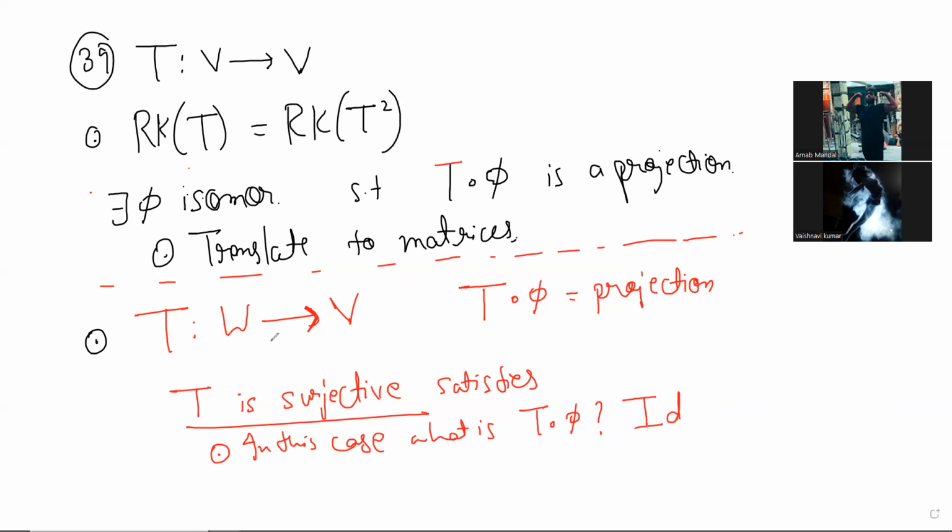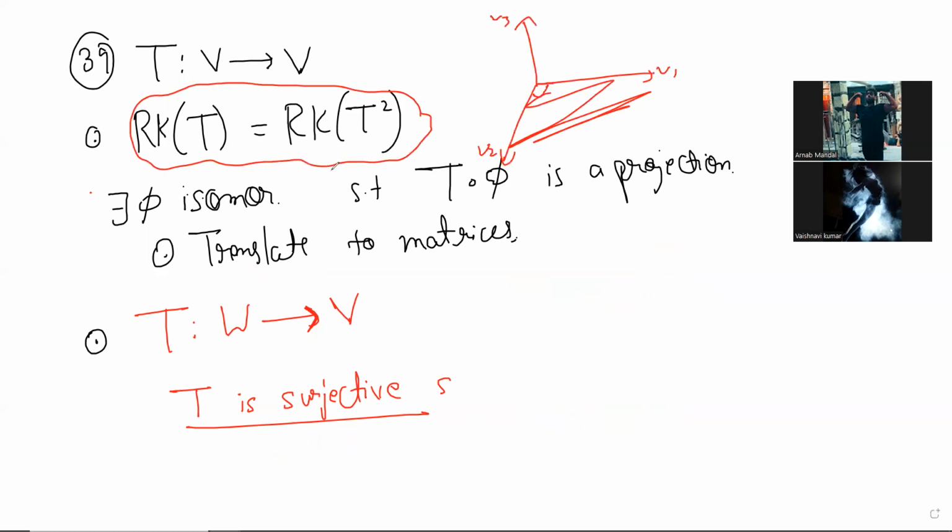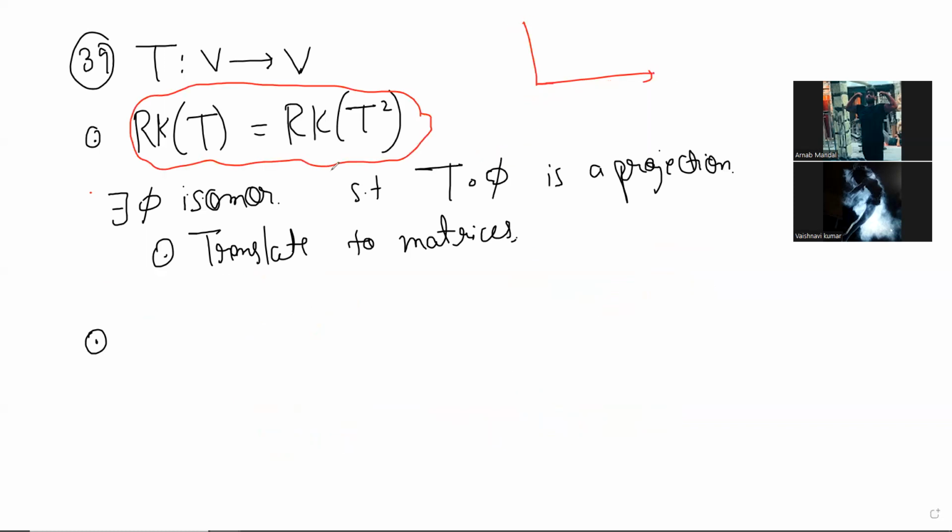But if V is not equal to W, in that case, do we need it to be surjective? No, I mean not surjective, but rank of T equals rank. Okay, sorry, there is a problem, right? It doesn't work because then T square doesn't make sense. Yeah, that's why I'm also getting confused. Yeah, no issues.